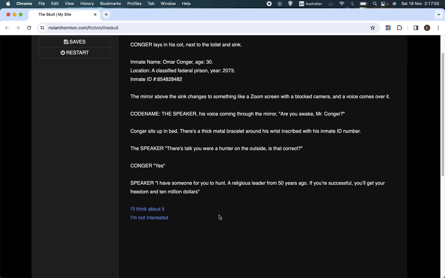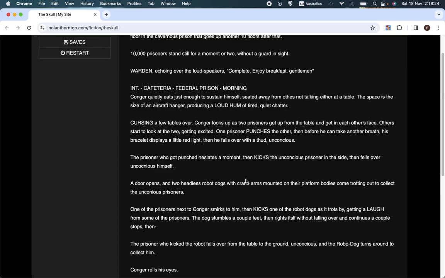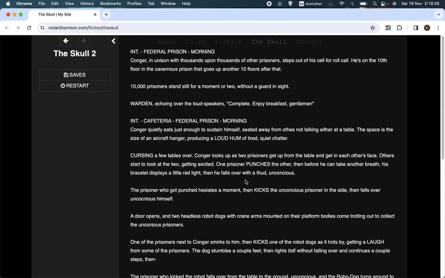The problem that I have, and I haven't replayed the game enough to verify that this is the case, but it does seem as if the choice is not a choice. It seems as if the plot of this story is you trying to commit this assassination, which, by the way, involves time travel into the past. And so, if you say I'm not interested, you're going to end up doing it anyway because that's the plot.